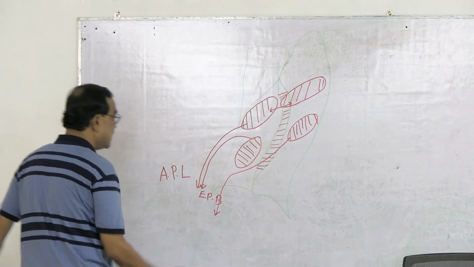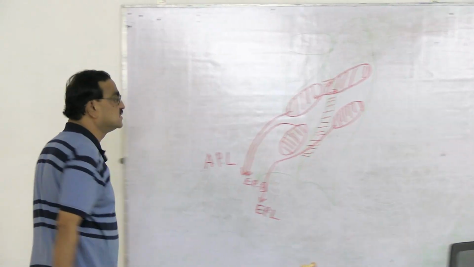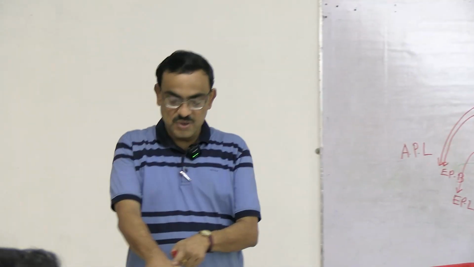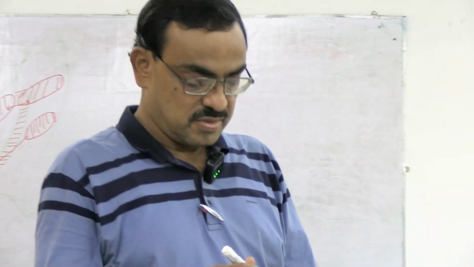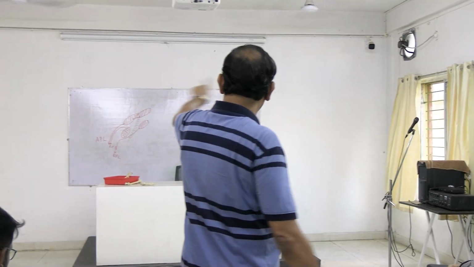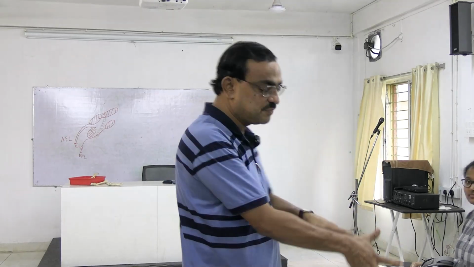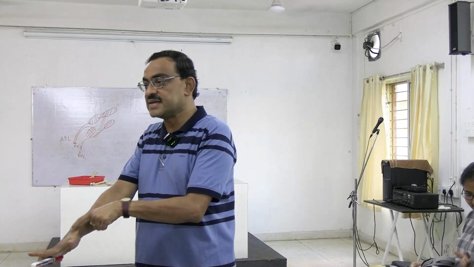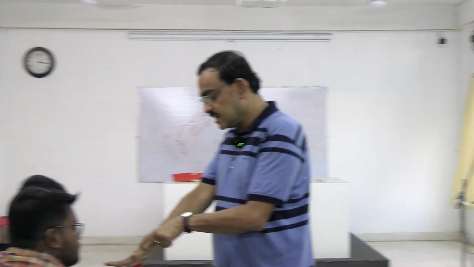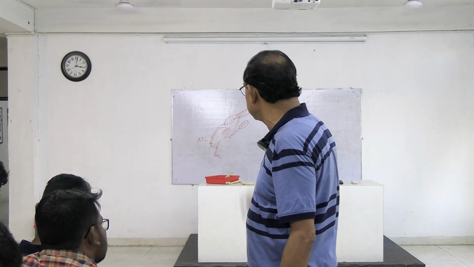This is extensor pollicis longus, which ends in a tendon. We can feel it here. So abductor pollicis longus and extensor pollicis brevis give this impression, and extensor pollicis longus gives this impression. Extensor pollicis longus is taking origin.